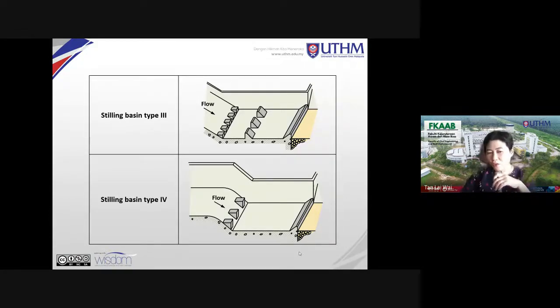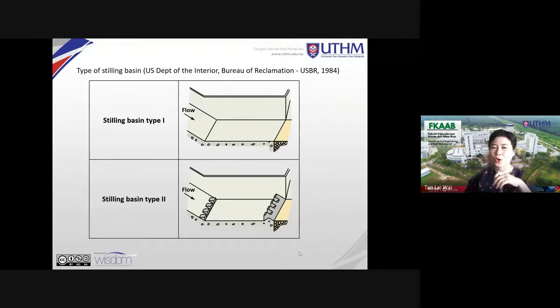And then you have type 4. If you look at type 4, you can see that the flow has lower velocity. Each type of stilling basin caters for specific needs. So the first one might cater for lower flow, so as not to cause damage to the floor.